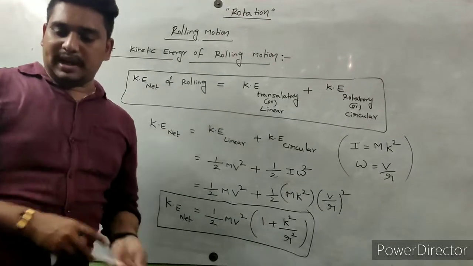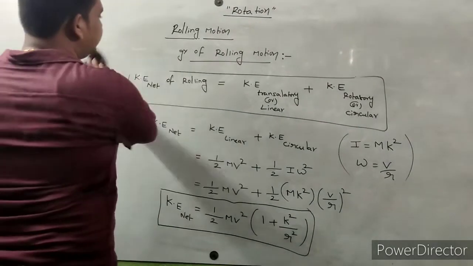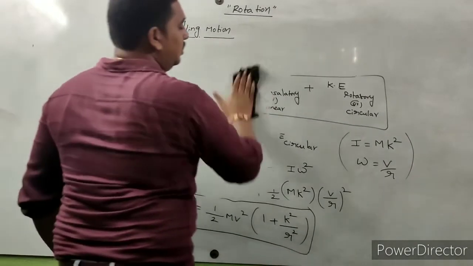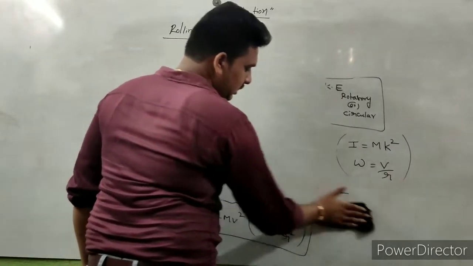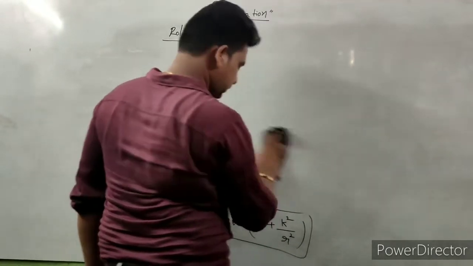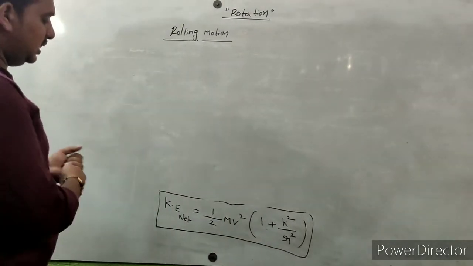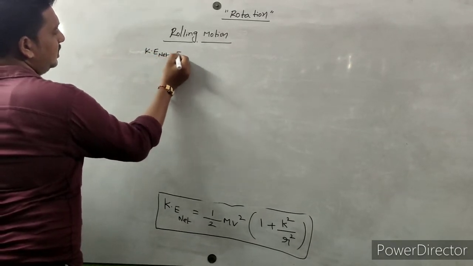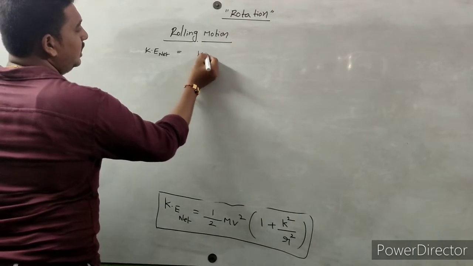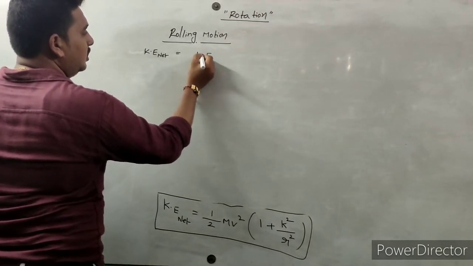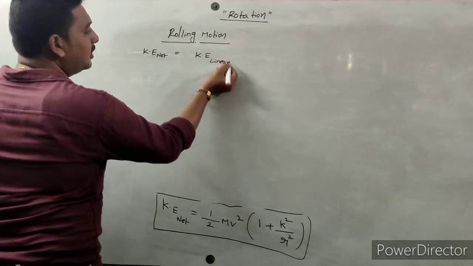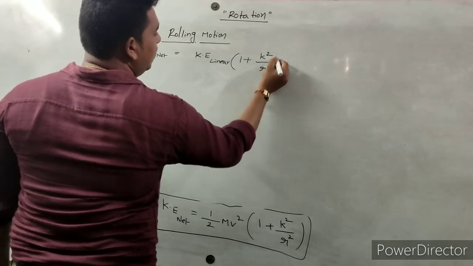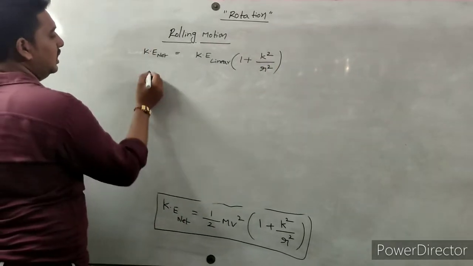Observe carefully, this can be written as KE net is equal to KE translatory, that means KE linear, into 1 plus k square by r square.